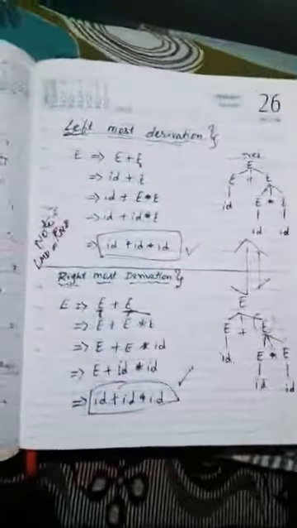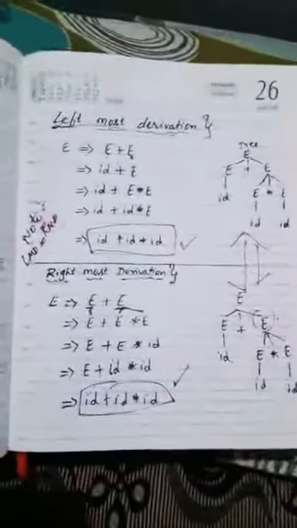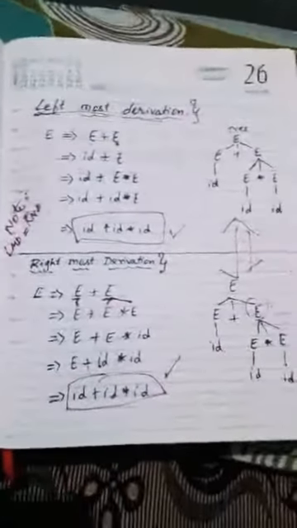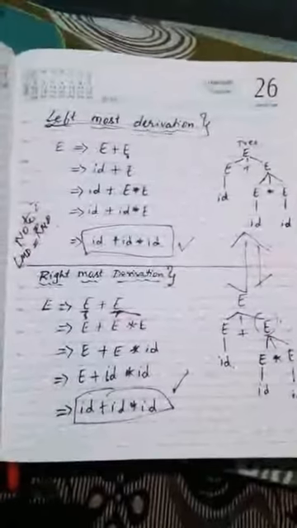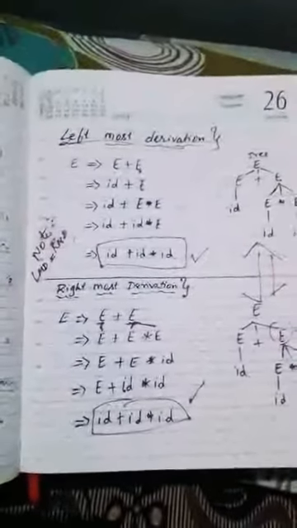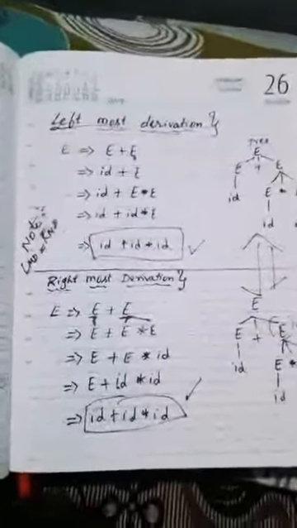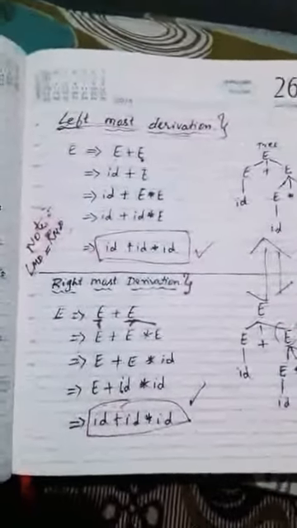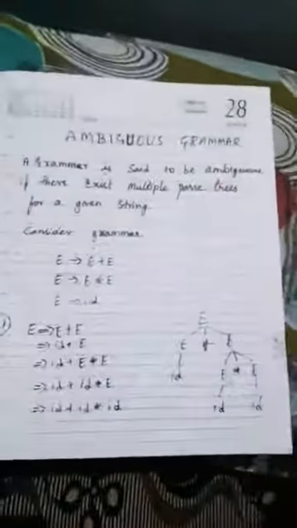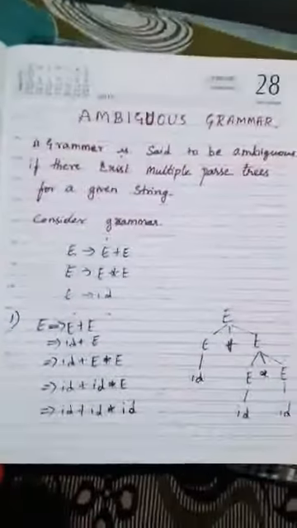So there are two types of derivations that we have already discussed in the previous classes, leftmost derivation and rightmost derivation, and we got to know that their derivation trees are the same. So we'll go for the next topic, that is ambiguous grammar.